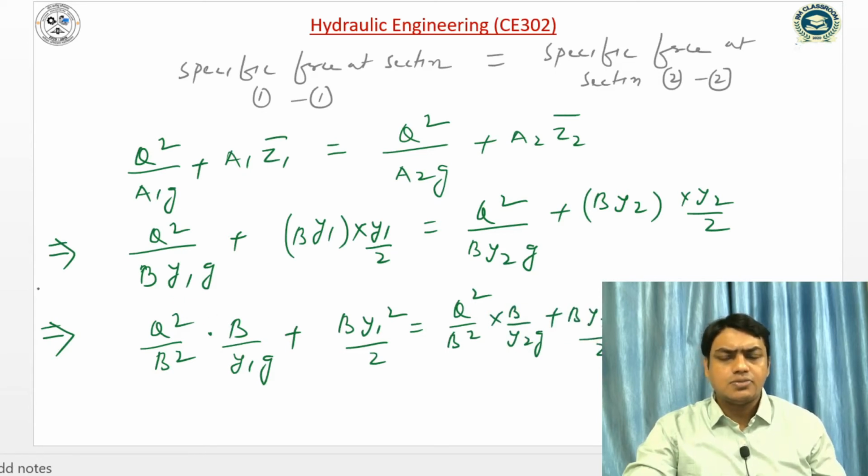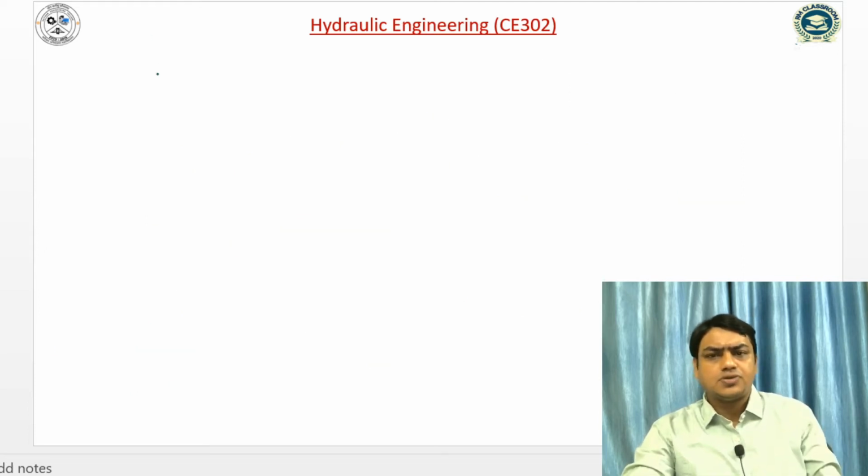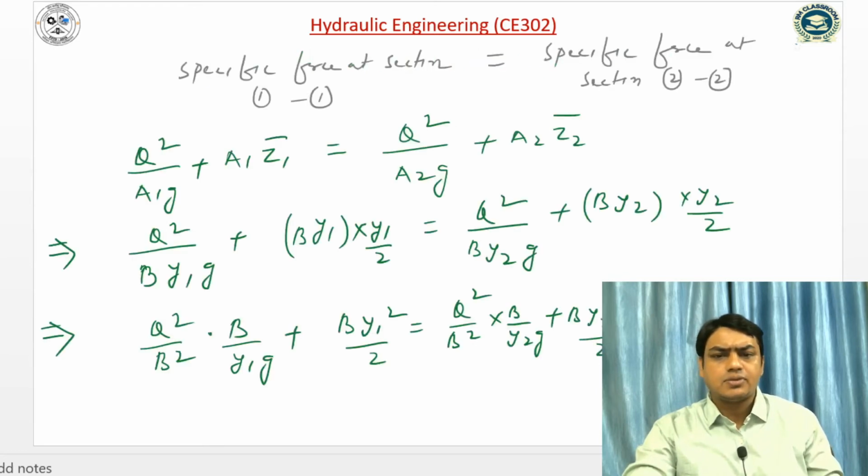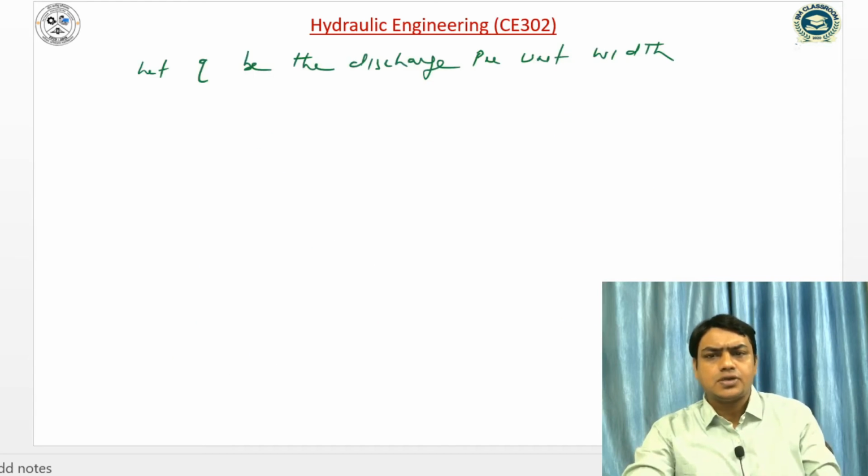So Q square by b square is small q, the discharge per unit width.